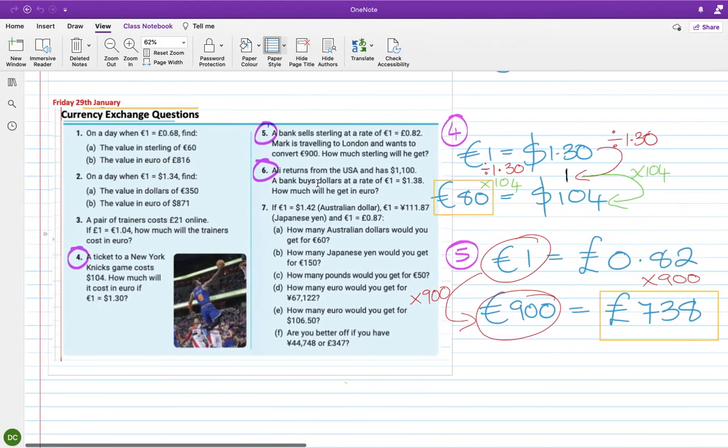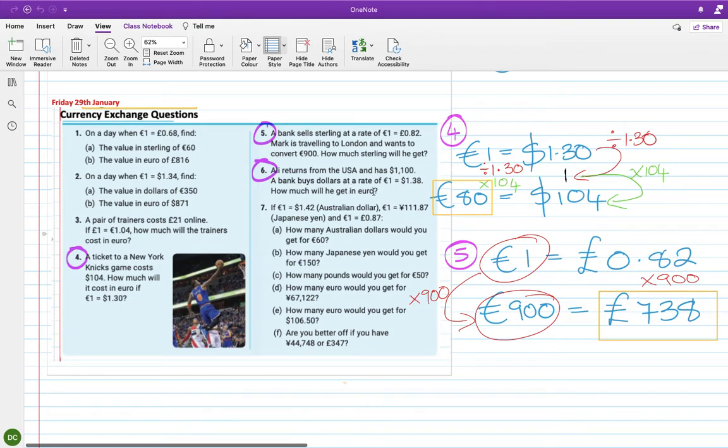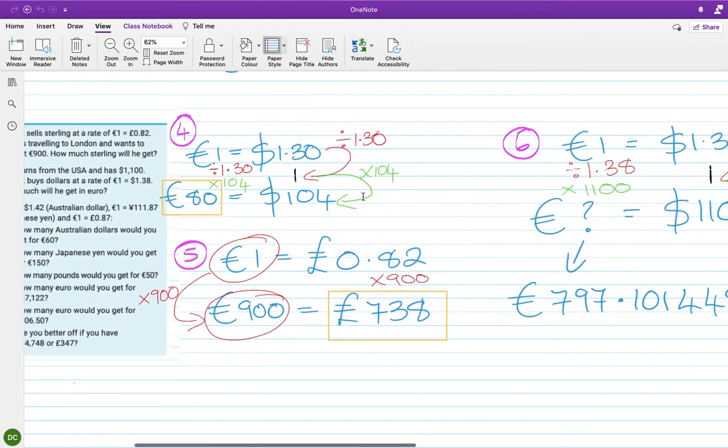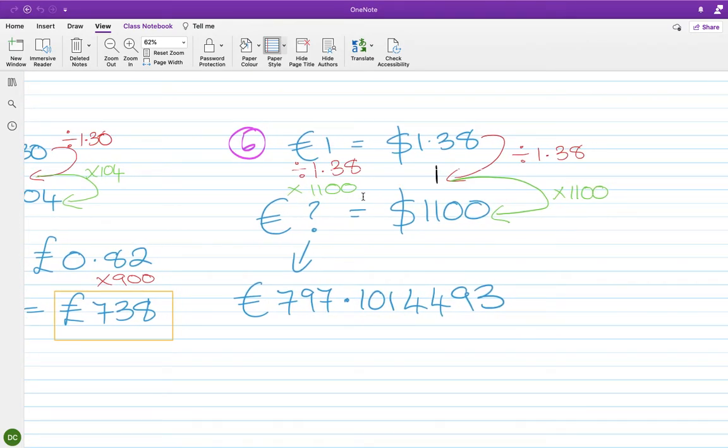Okay, just go back to the question. It just says how much will she get in euro. So you assume it's to the nearest cent, as in this is money. So money always has 2 decimal places. So we look at the number after the decimal places, which is a 1.